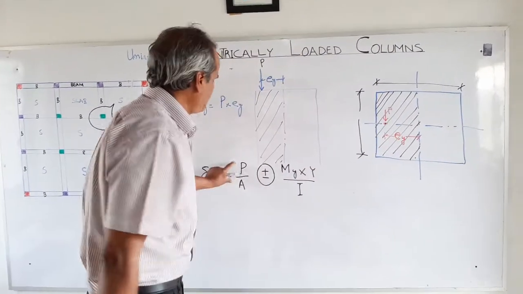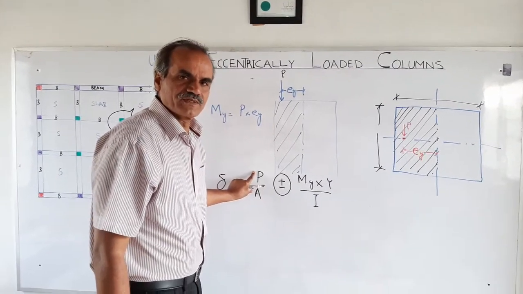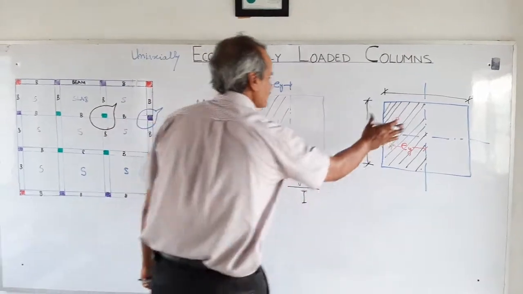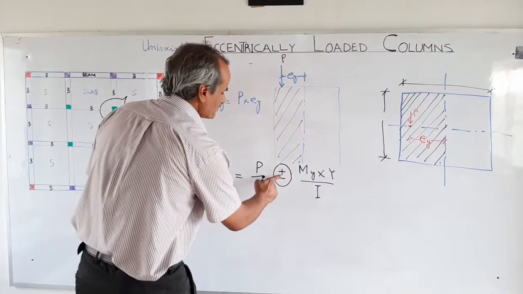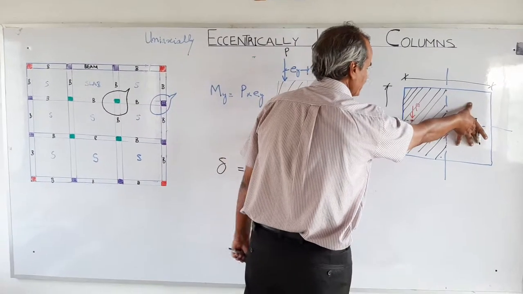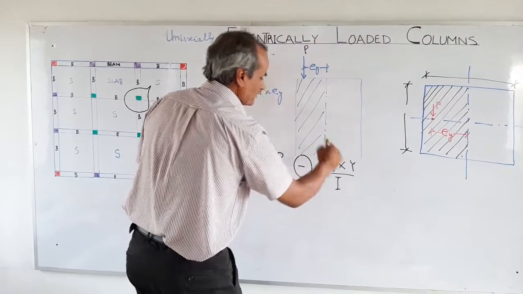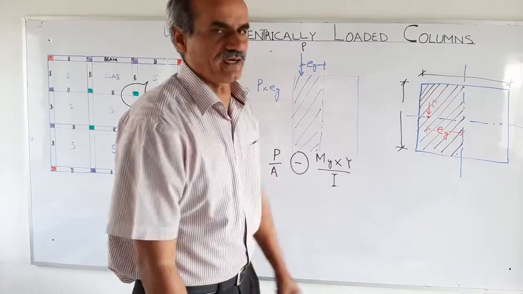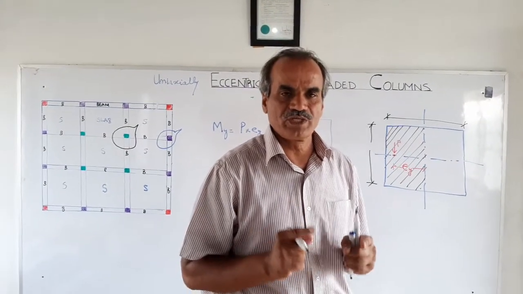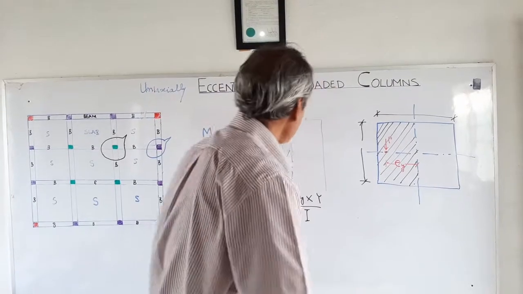So when P over A is a compression, which is using the positive sign, for this half we will use the plus sign, and for the other half we will use the negative sign over here. So that is how we will find out the stress in a column which is a uniaxially eccentrically loaded column.